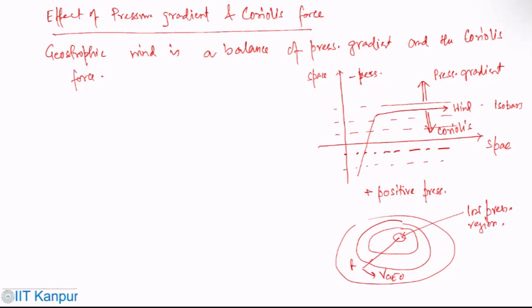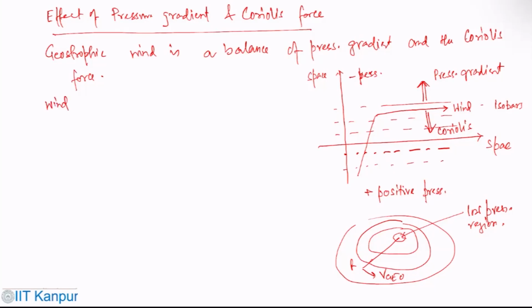So this is an illustration of the gradient with radius of curvature. In this simple picture, the pressure gradient pushes the wind upward, and the Coriolis force pushes the wind downward. So the result is that the wind travels parallel to the isobar.